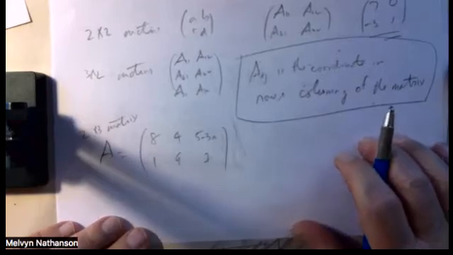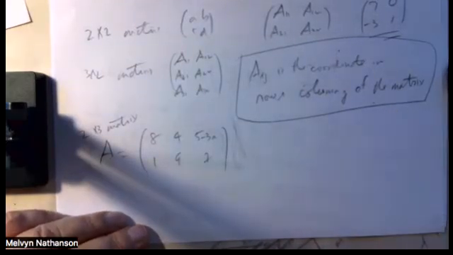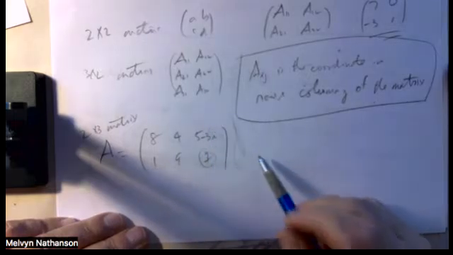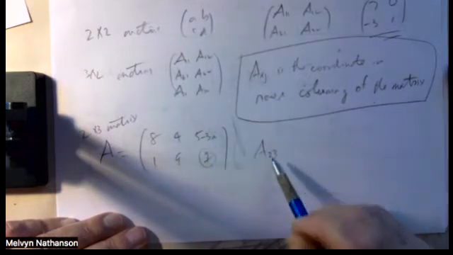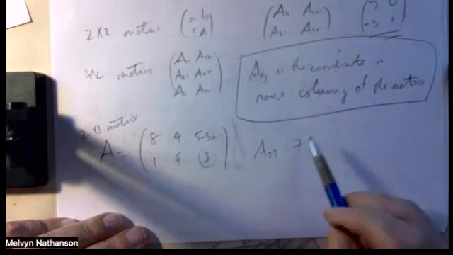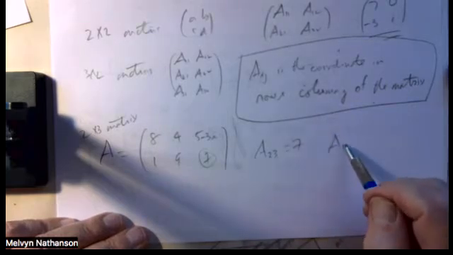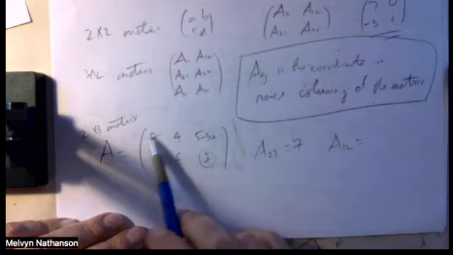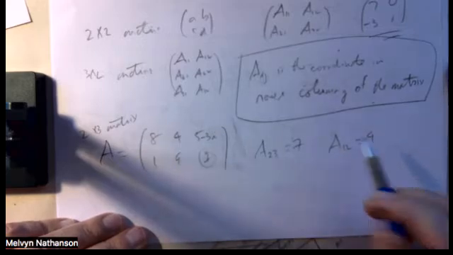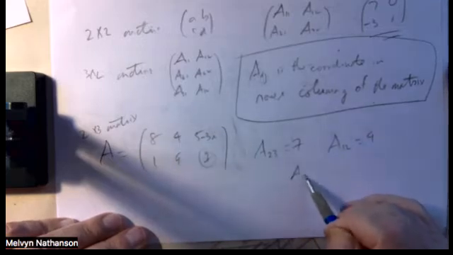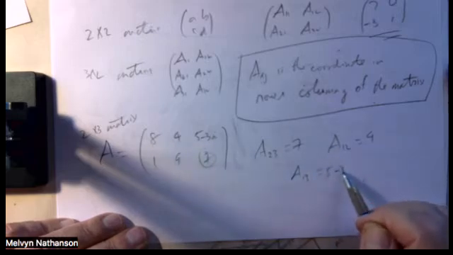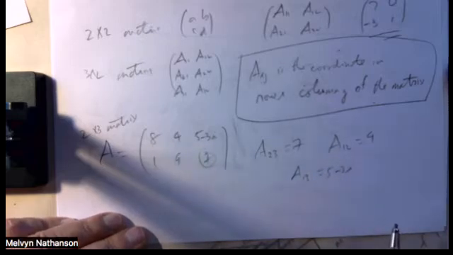In this matrix, the number 7 is in the second row and the third column. So A23 is 7. A12, the number in the first row, second column, is 4. A13, the number in the first row, third column, is 5 minus 3i, and so on.